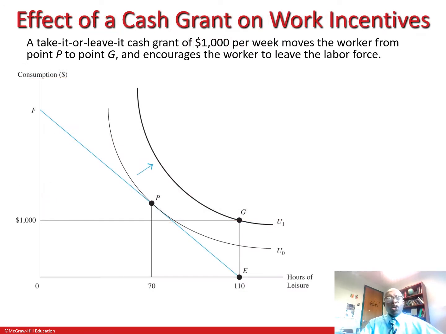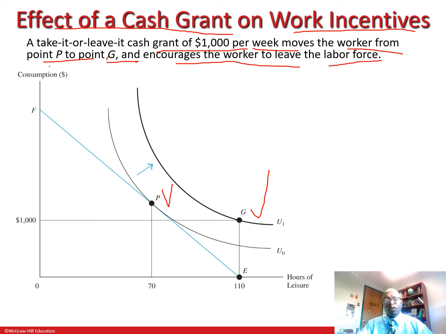So let's now talk about the effect of a cash grant on work incentive. A take-it-or-leave-it cash grant of $1,000 per week moves the worker from point P to point G and encourages the worker to leave the labor force.